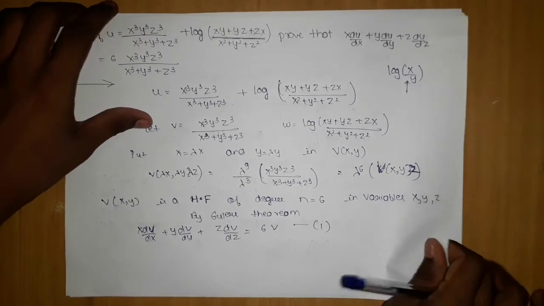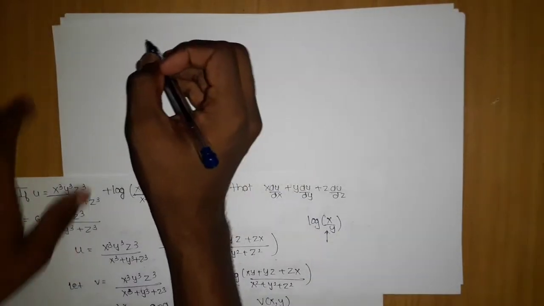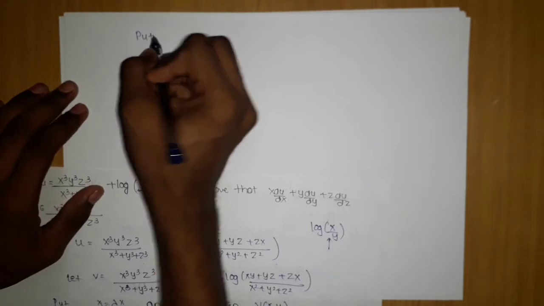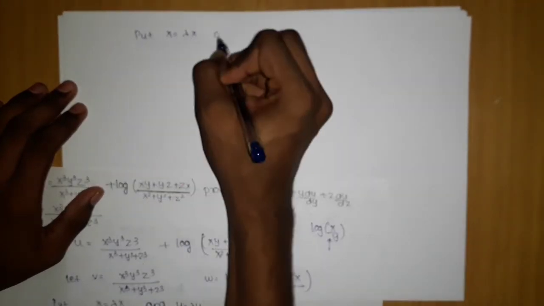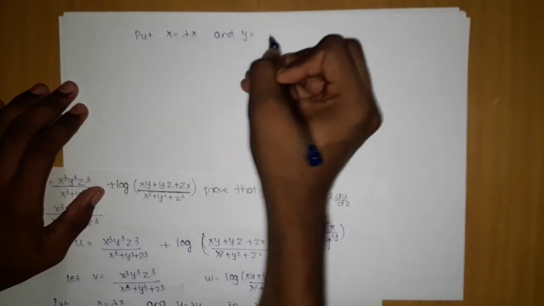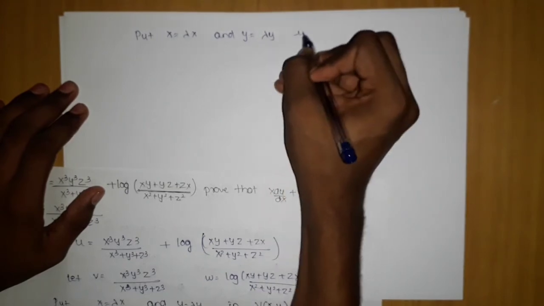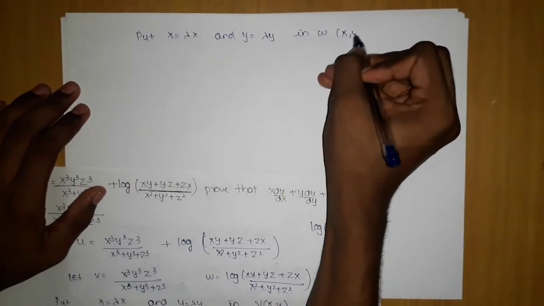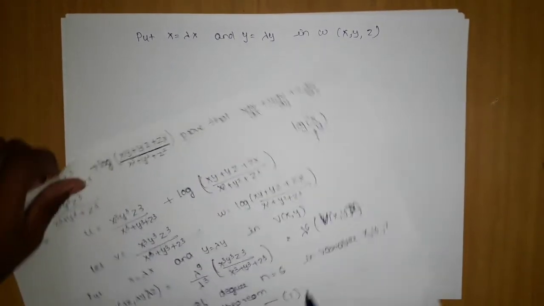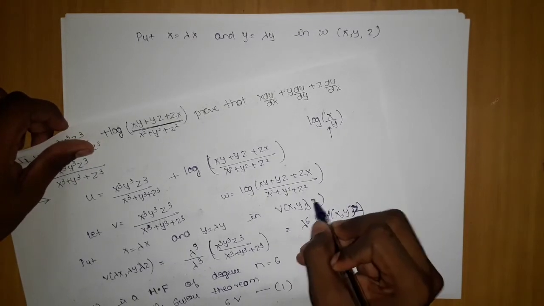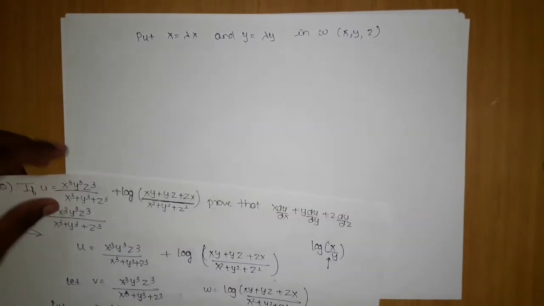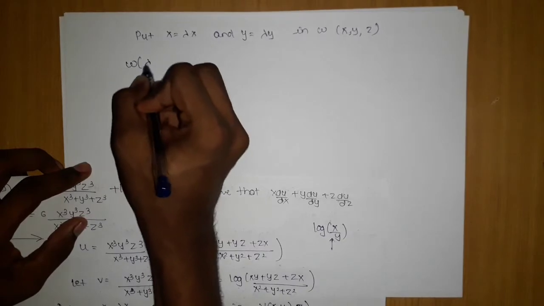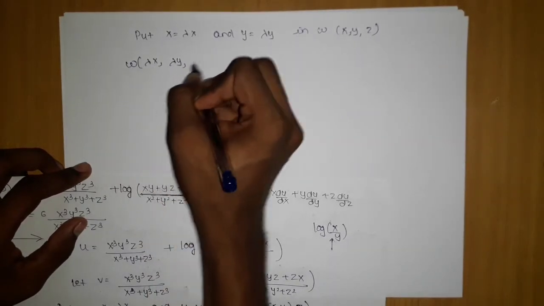Similarly, you will go with w, put x equals lambda x, y equals lambda y, and I forgot to write z equals lambda z.